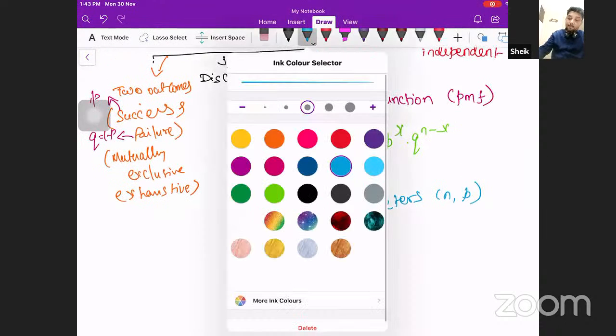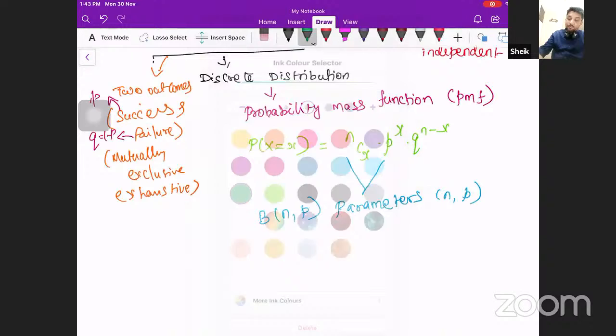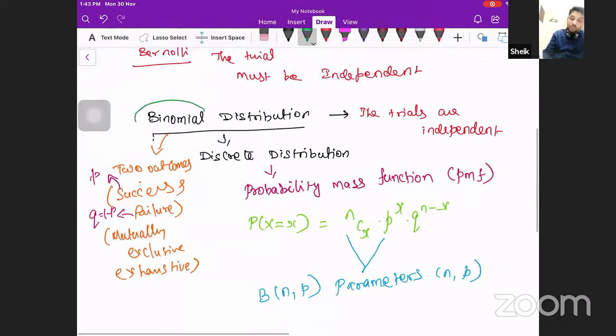So I can say the binomial distribution is biparametric. Biparametric means the parameters are n comma p.